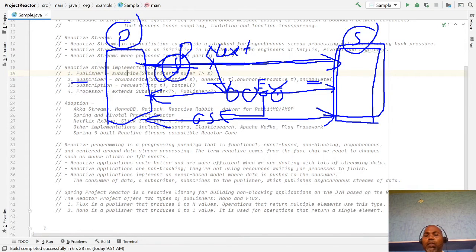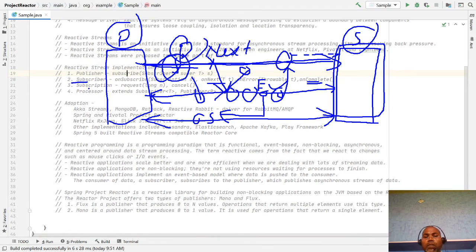If the error is handled, it can jump again to your data channel, and the data channel can start sending data again. In this way, jumping from the data channel to the error channel happens, and again from the error channel to the data channel. Due to that, the system maintains fault tolerance.